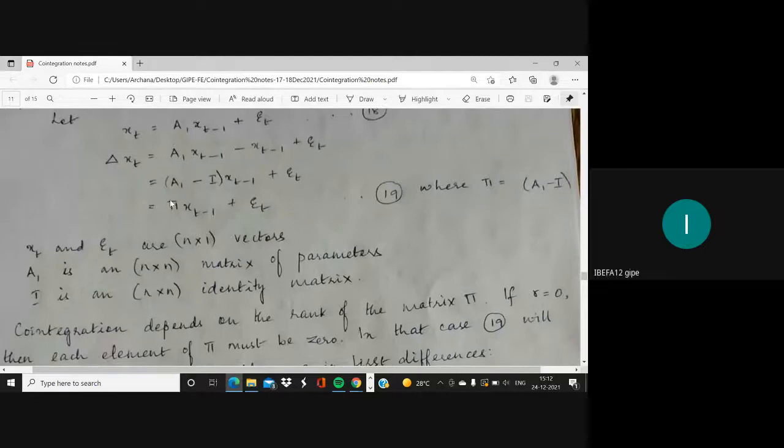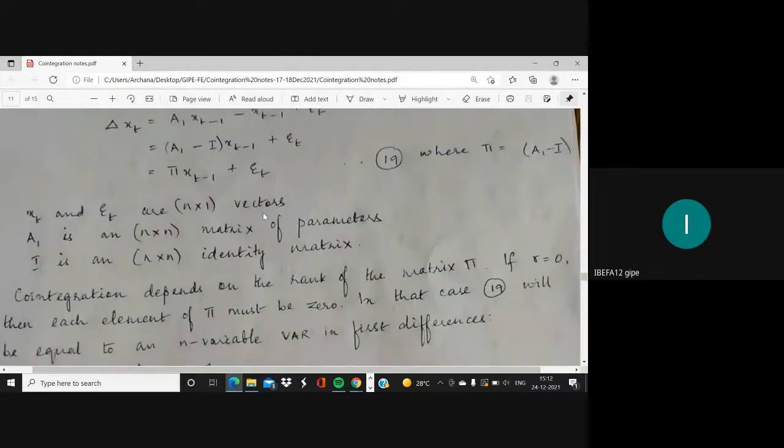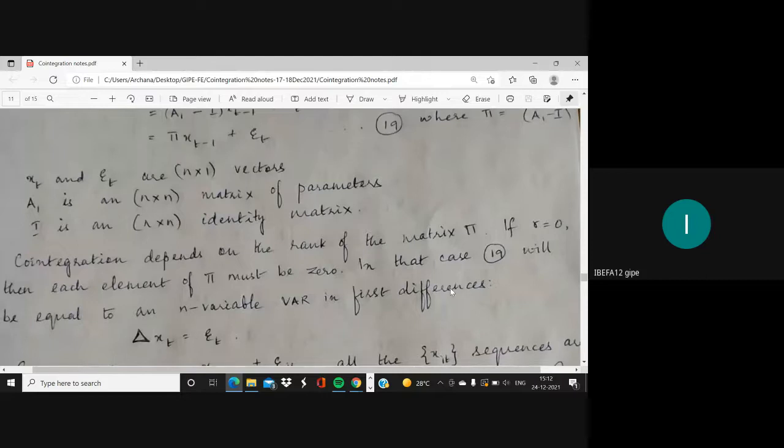If all the elements of pi are equal to 0, then when you multiply pi with x(t-1), this whole term will vanish. So you'll be left with only delta x_t equal to epsilon_t. That's why it says it will be equal to an n variable VAR in first differences.